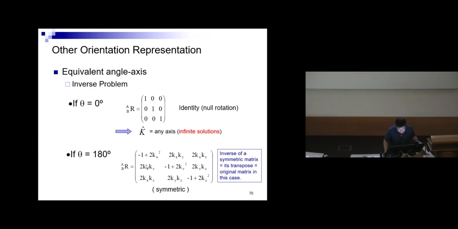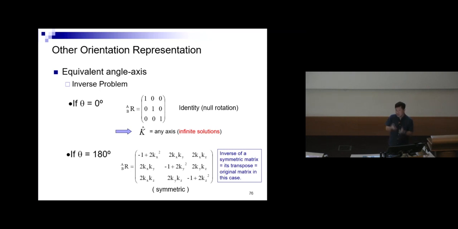A symmetric matrix means that the upper half and lower half are the same. When the upper half and lower half are the same, the inverse of a symmetric matrix will be equal to its transpose, which is your original matrix in this case.